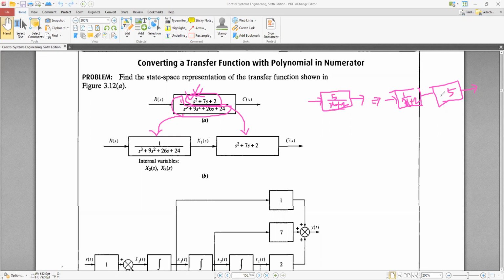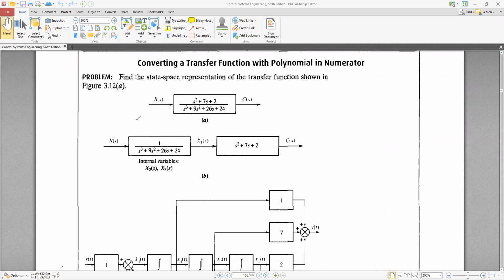This means you are multiplying this, so if you multiply this into 5, then it would be 5 by s plus 2. Similarly, if we multiply this, then this thing will arrive. That is why they do this.